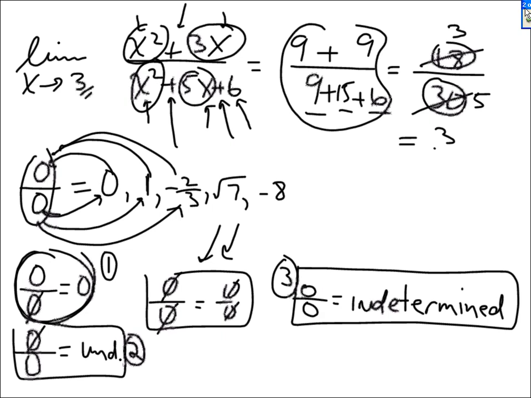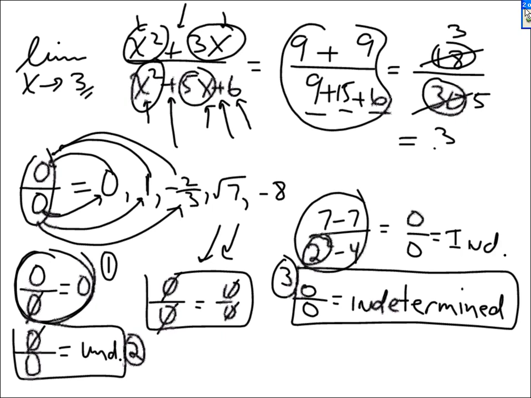Top and bottom is when you run into trouble. Now, normally, if somebody just gave you a straightforward problem, 7 minus 7 over 2 squared minus 4, well, the top is 0, 2 squared is 4, take away 4 is 0, you would say that the answer to this is indeterminate, which is correct.